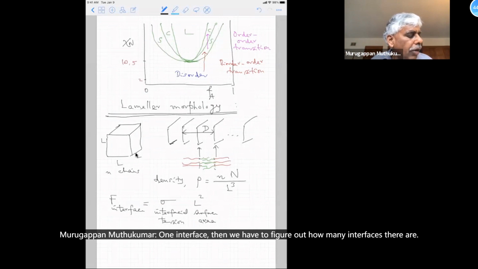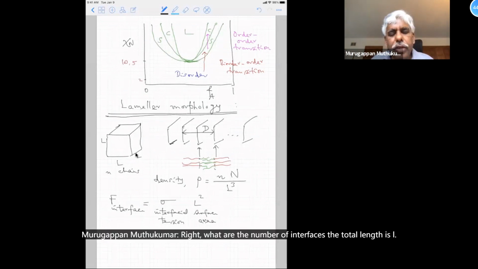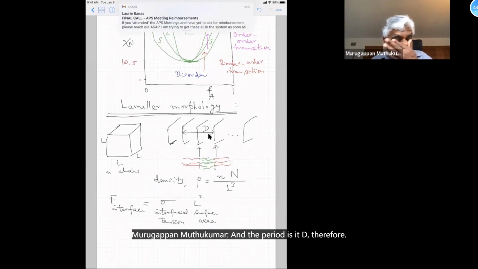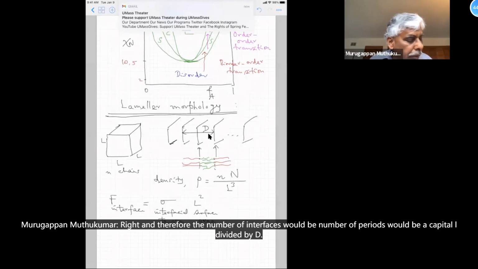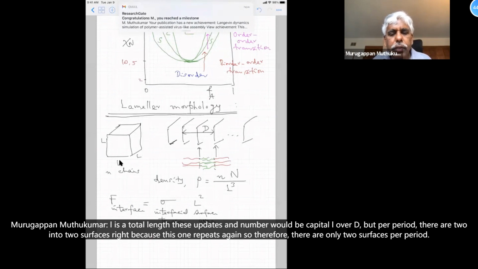Then we have to figure out how many interfaces there are. What is the number of interfaces? The total length is L, and the period is D. Therefore, the number of periods would be capital L divided by D. L is the total length, D is the period.